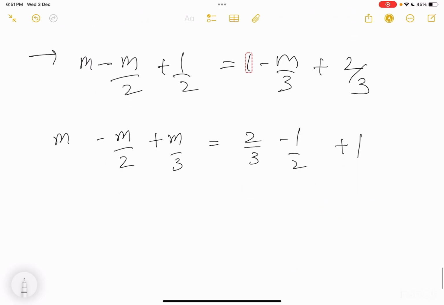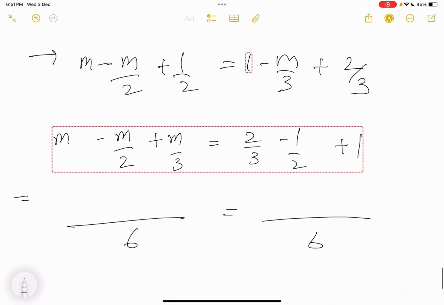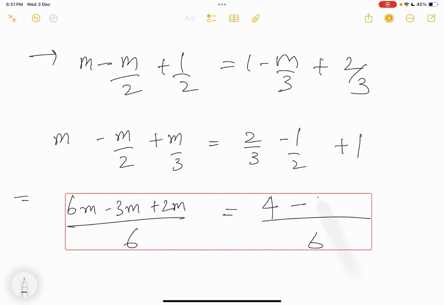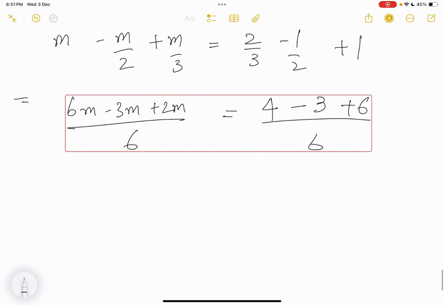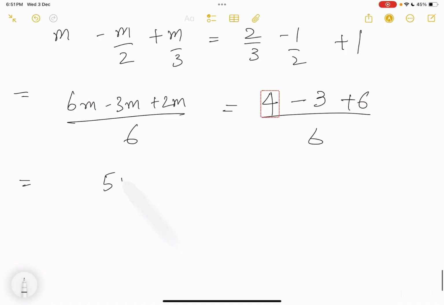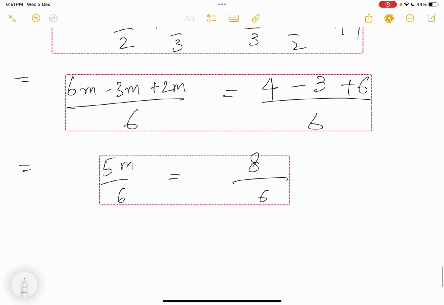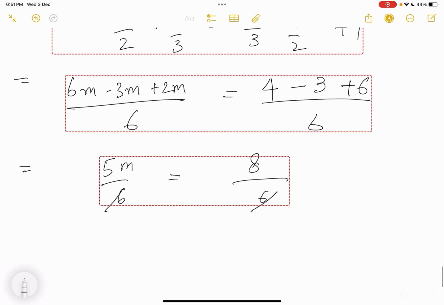Okay, quickly taking up the LCM. 6m minus 3m plus 2m, 4, 3 plus 6. Solving it, 8 minus 3 is 5m and 6, 10 minus 3 is 8. Okay, yeah, 6 gets cancelled out. 5m is equal to 8.